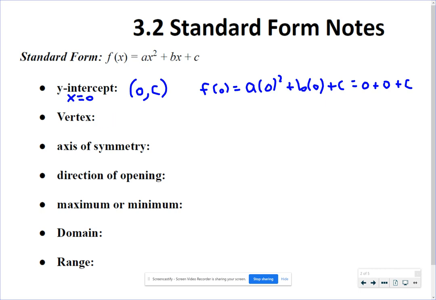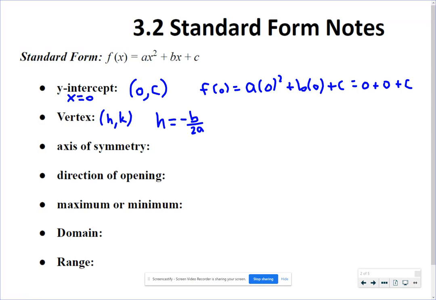Vertex. Instead of completing the square, this time we're going to use a shortcut. Remember the letters we've used for the vertex are h, k. The h, the x-coordinate of the vertex, is going to be negative b over 2a.